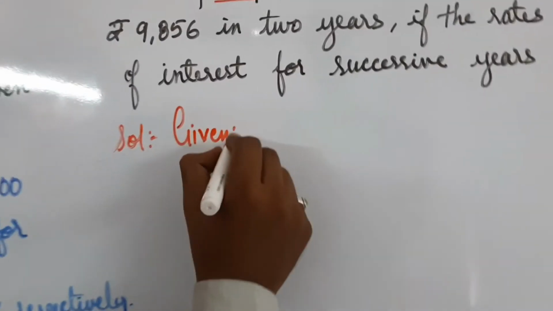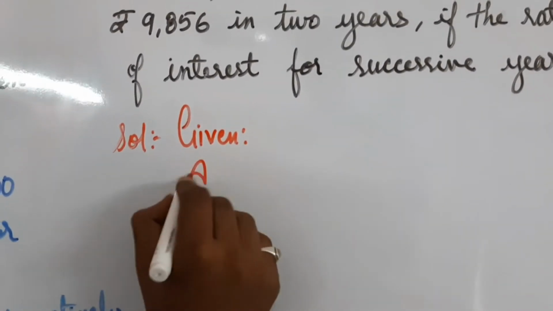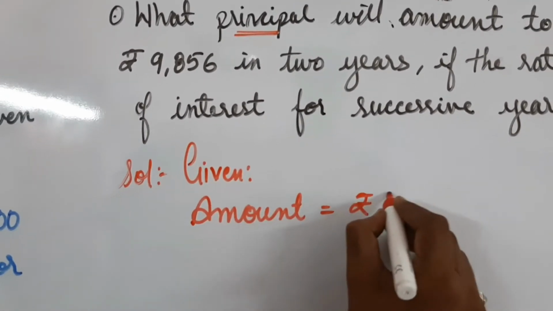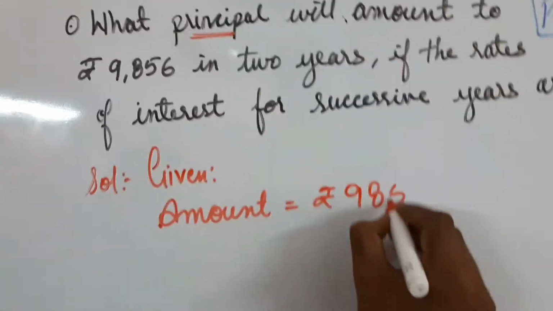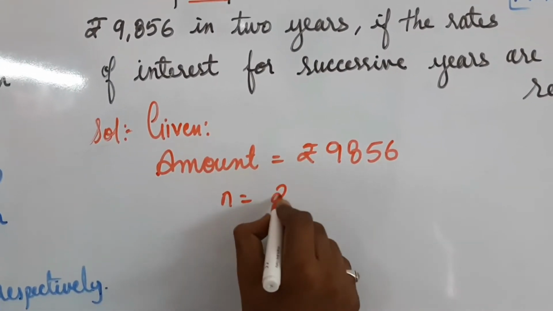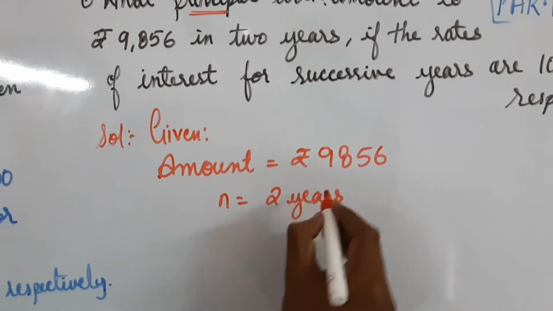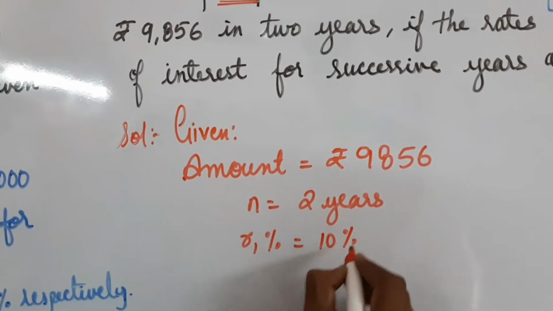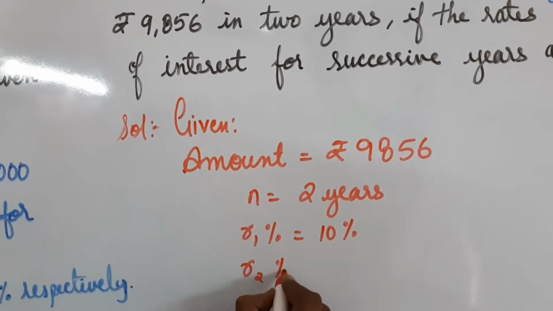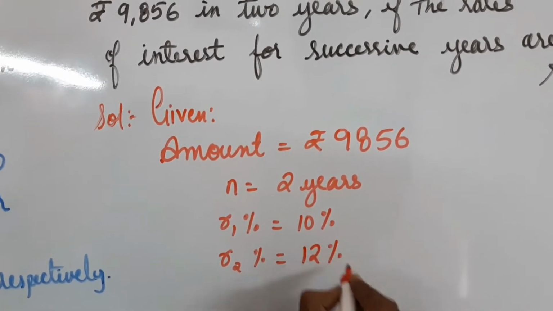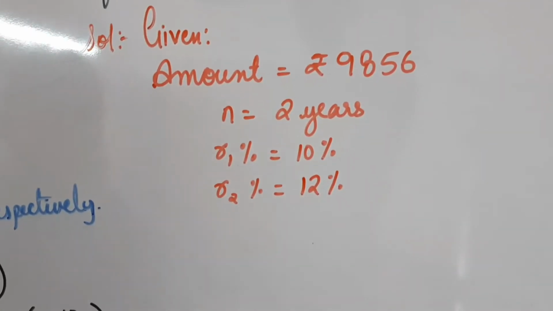As it is the routine work, first write the given: amount is equal to 9,856, n is equal to 2 years, R1 is 10% and R2 is 12%. What is the formula we got?